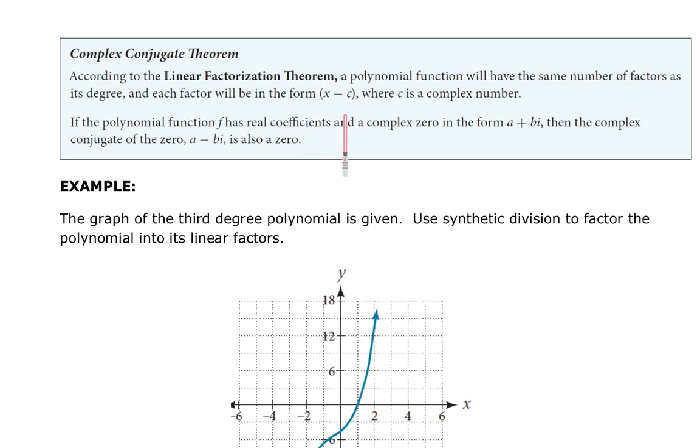So what is this telling me? Well, up until now, we've only really worried about real numbers, but I can factor any polynomial into its linear factors, and sometimes I'm going to get complex numbers. So say I get down to x minus 2, and I had x squared plus 16.